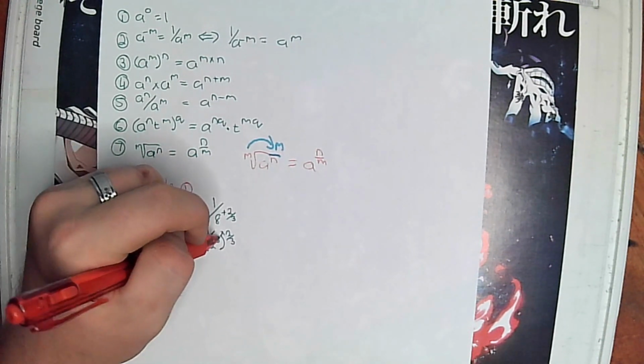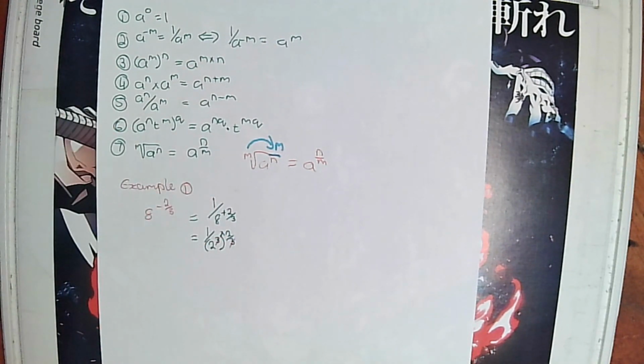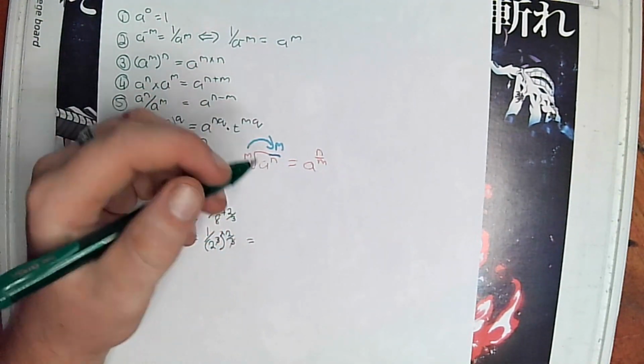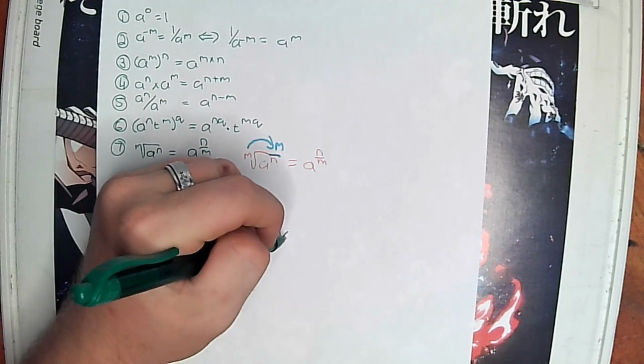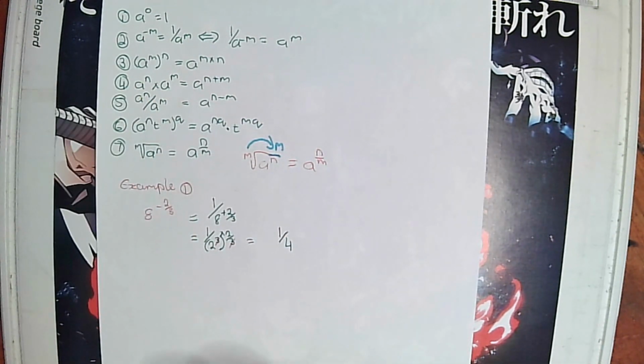So I can go and rewrite this as 1 over 4, because 2 squared is 4. Simple application of these laws really helps you a lot in simplifying equations and these types of simplification problems. So I really urge you to go and sit down and study your exponent laws. Next problem we're going to look at.